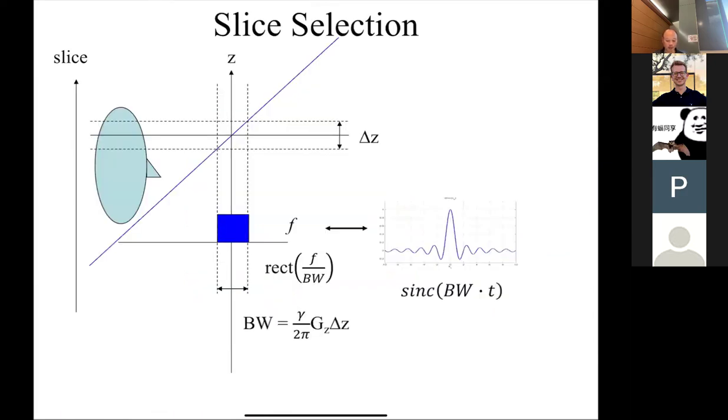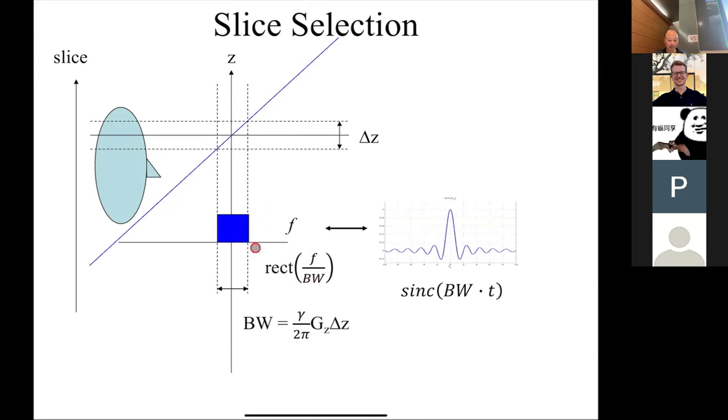So this leads to this concept of slice selection. In this delta Z slice, if I have a gradient, there's going to be a spread of frequencies, F. In the ideal case, if I have a rectangular delta Z, I'm going to have a rectangular delta F, and I can represent that as rect of F over some bandwidth.